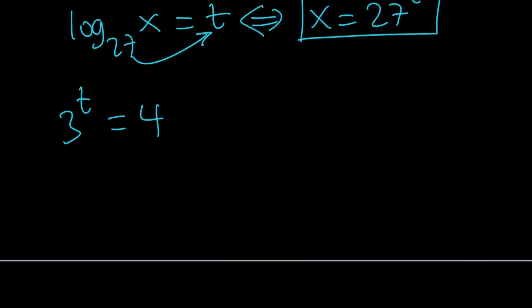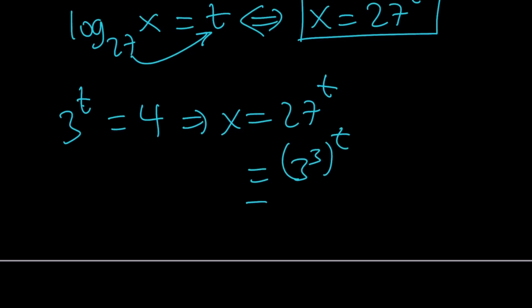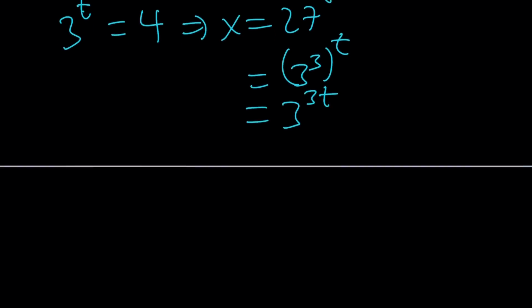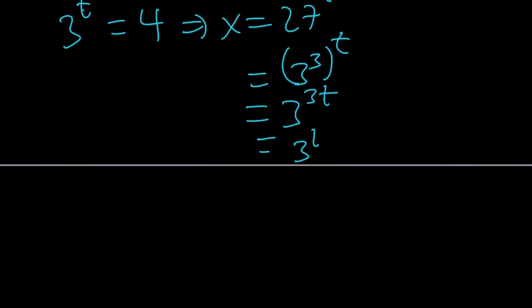But what am I trying to do? I have 3 to the power t is 4, and x is 27 to the power t. So 3 to the power t is 4, but I'm trying to find 27 to the power t. So I can write it as 3 to the power 3 to the power t, and then this becomes 3 to the power 3t, and then this can be written as 3 to the power t to the 3rd power.